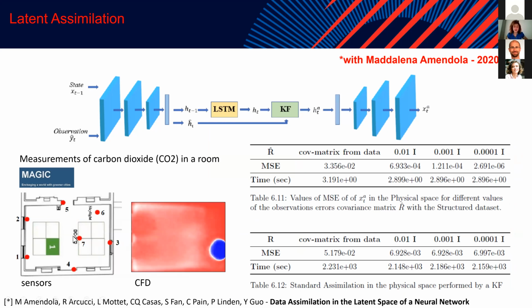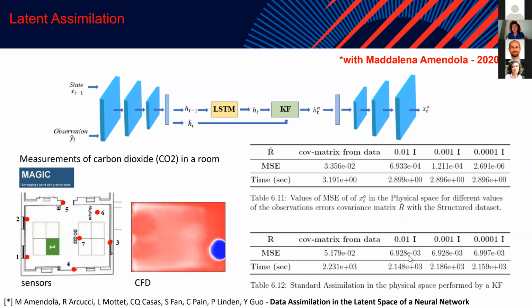We tried to assimilate data from sensors in this room, in this computational fluid dynamics simulation. We compared the results obtained doing this in the reduced space or in the physical space, the real space. When you do that in the physical space, which is on the bottom, in terms of execution time you are gaining 3 orders of magnitude, which means a speed up of 1000.